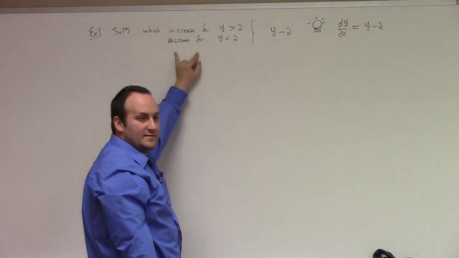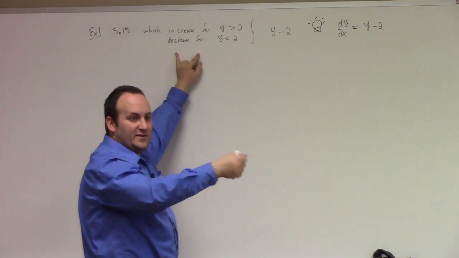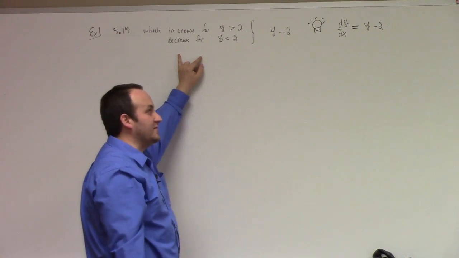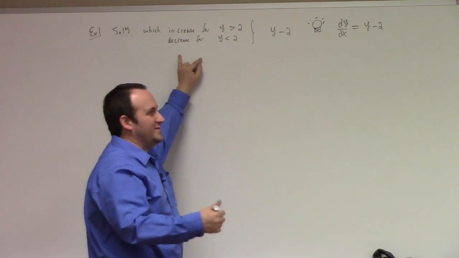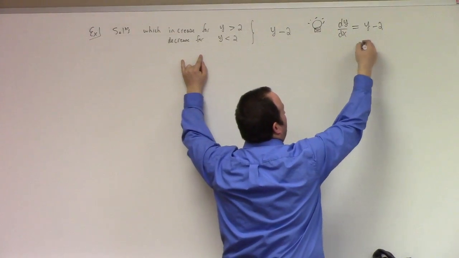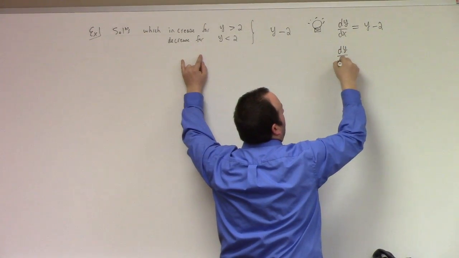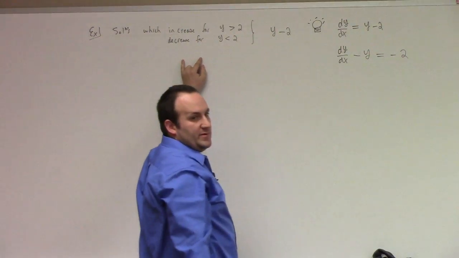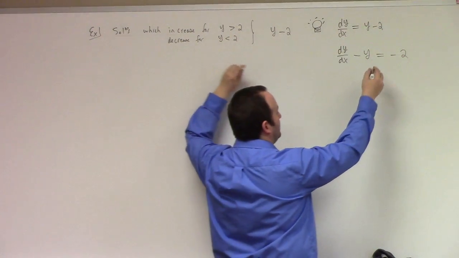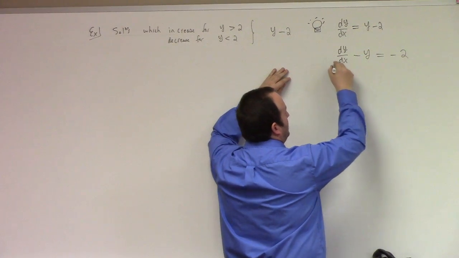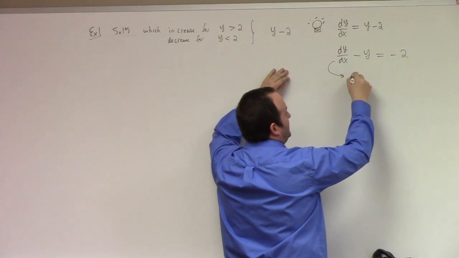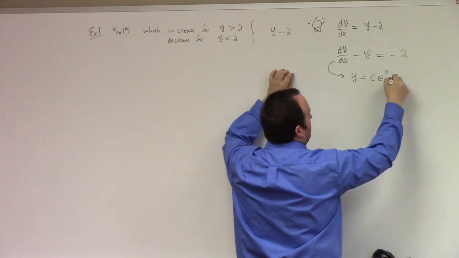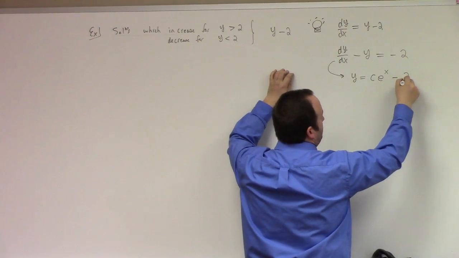You could directly engineer things you want from the solution by crafting the right differential equation. Here's a simpler example. What's the solution to this? You can solve this by the integrating factor technique. I don't have time to show you the details, but the solution is y equals c e to the x minus 2.